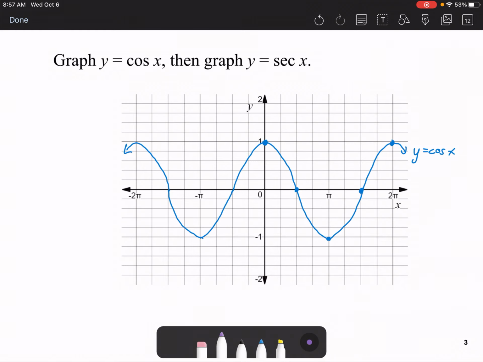Okay, so vertical asymptotes again occur where cosine of x is equal to 0. And again, the functions intersect where you have y values of 1 and negative 1.